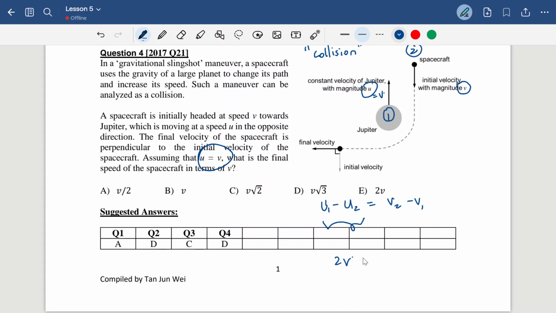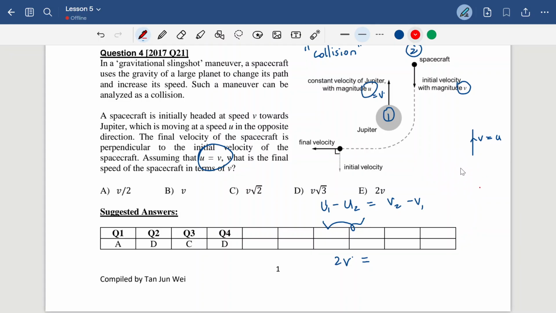The relative speed of separation: the spacecraft is now moving here, but Jupiter is still moving here. Sorry, careless.